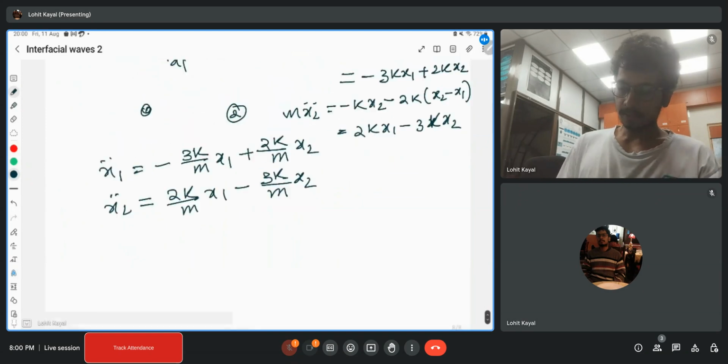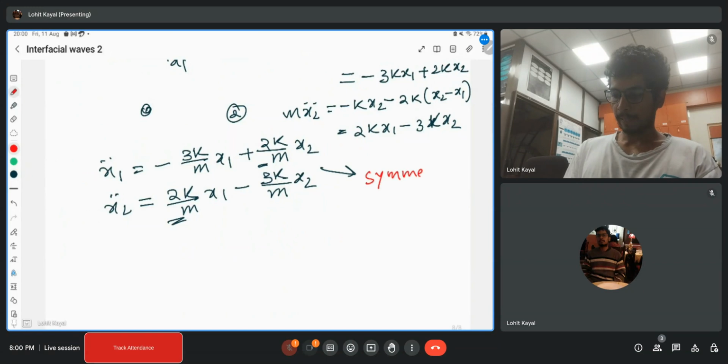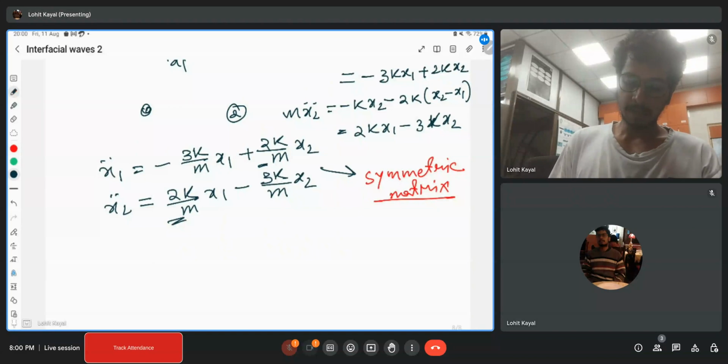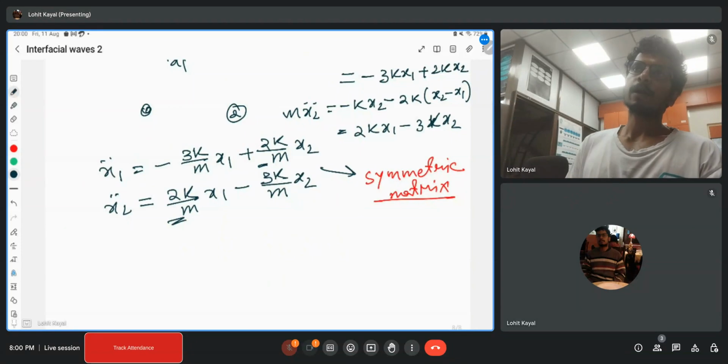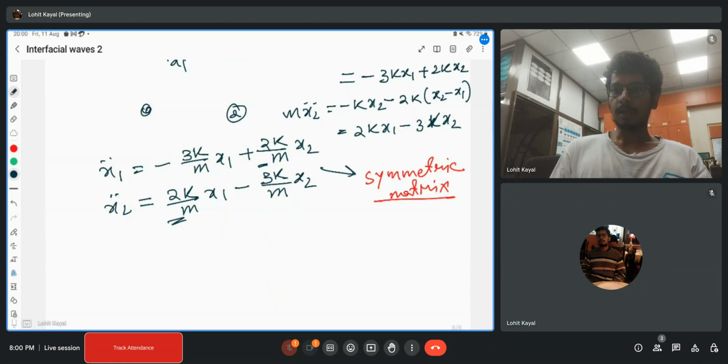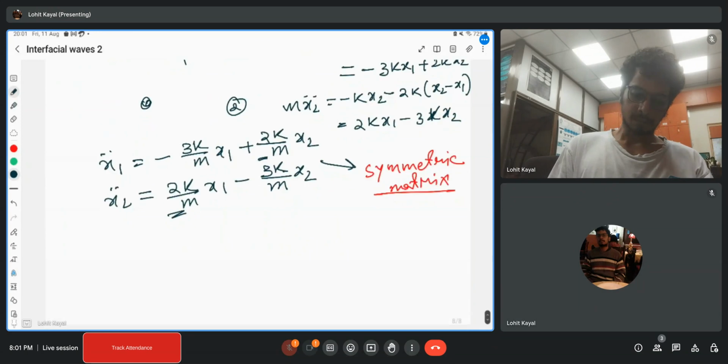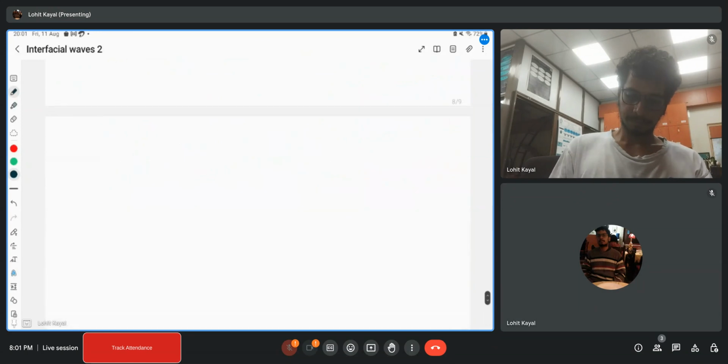You can see that these terms are equal. So if you define a matrix, it is a symmetric matrix, because your system itself is a symmetric system, right? So now what is left? You need to find its modal frequency, and after that its modal shape. So let me do that. First let me write the matrix.